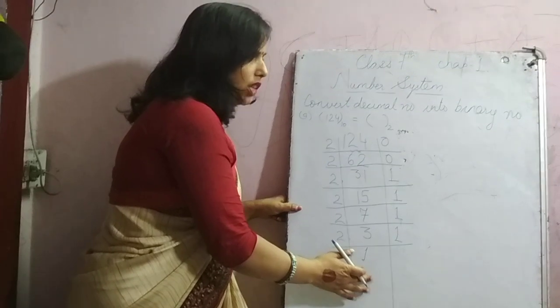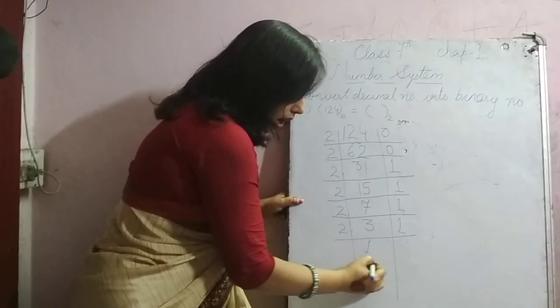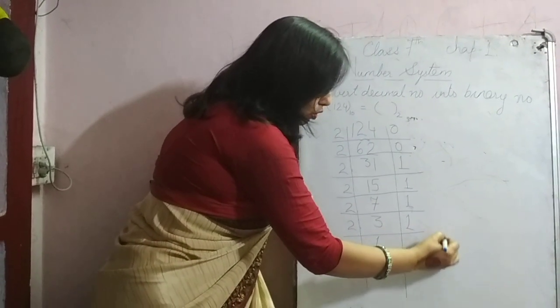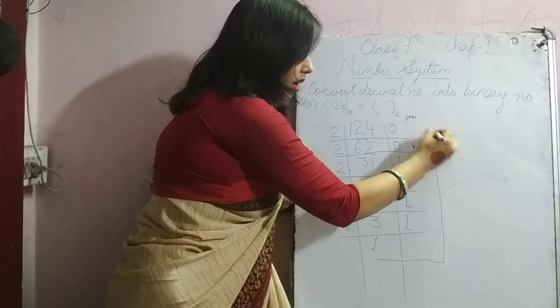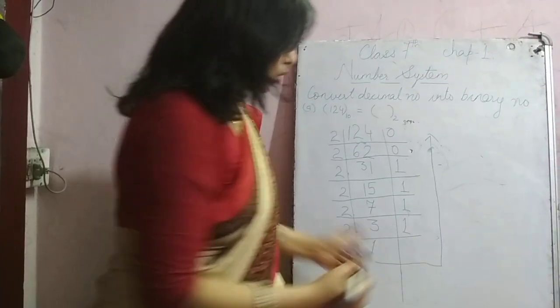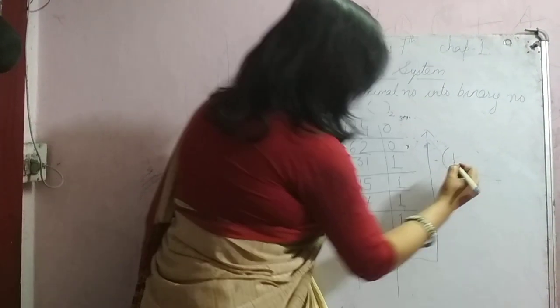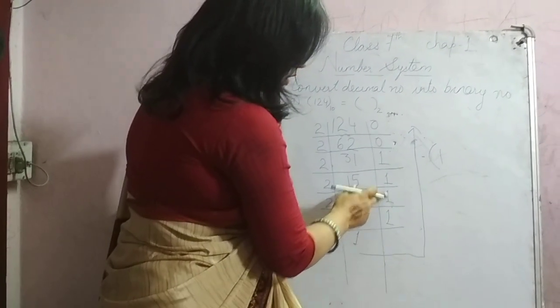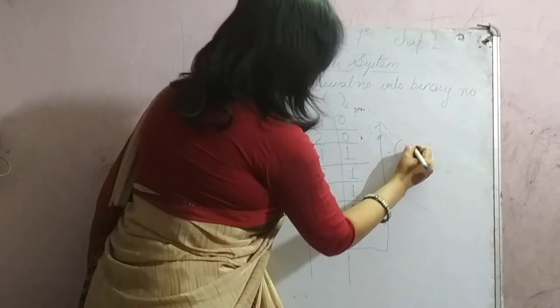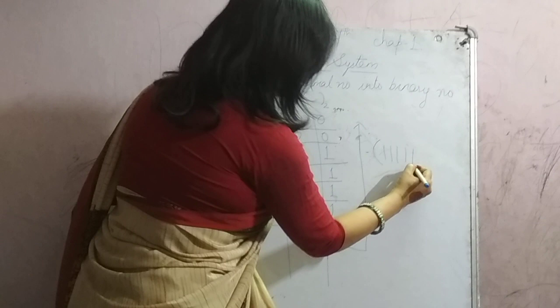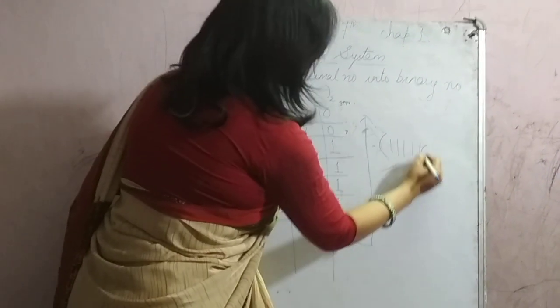Now, how to write this binary number? We have to start from the bottom to up. Okay? This 1 will be written at the first. After that, this 1, 1, 1, 1, 0, 0.